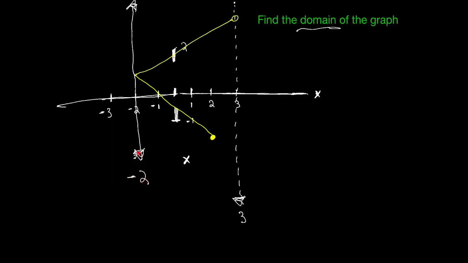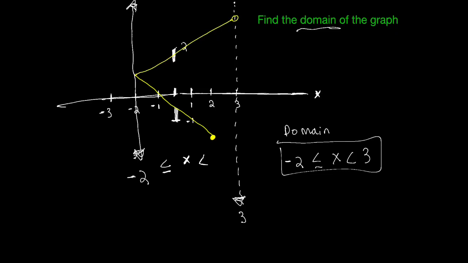So now the -2 is associated with a closed circle, so we're going to write less than or equal to x, and then here this +3 is associated with an open circle, so we're going to write a strict inequality, basically just a less than without an equal to symbol below. So our domain is going to end up being -2 less than or equal to x less than +3.